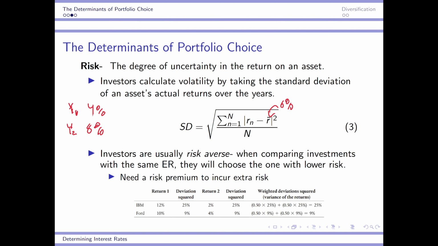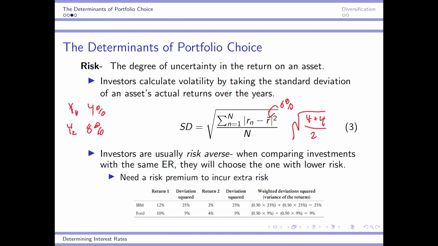And so on the top, we're going to get the sum of 4 minus 6, so -2, squared, so 4, plus 8 minus 6, so 2, squared, which is 4, over 2.